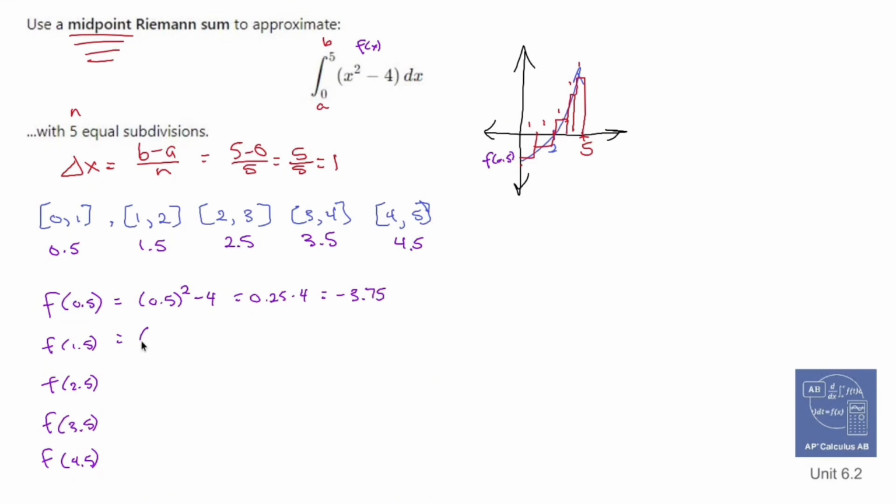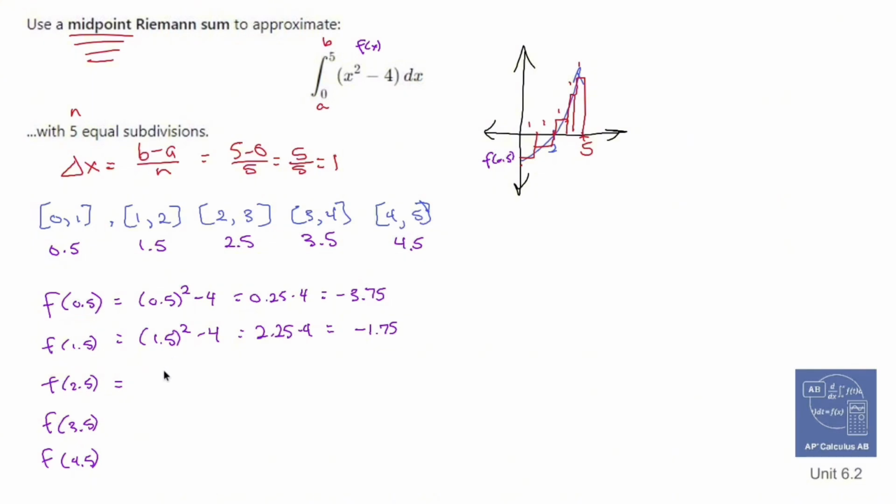And then we do it again. 1.5 squared minus 4 is going to be 2.25 minus 4, negative 1.75. So what this is telling me is this one goes down to negative 3.75. That one goes down to negative 1.75, and now it's giving me the heights of these rectangles. Okay, I just wanted to remind you that's the point of all of this.